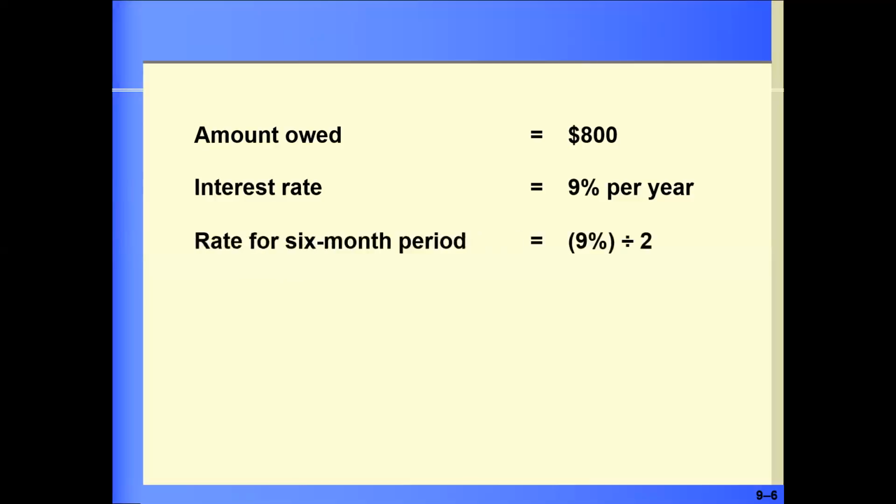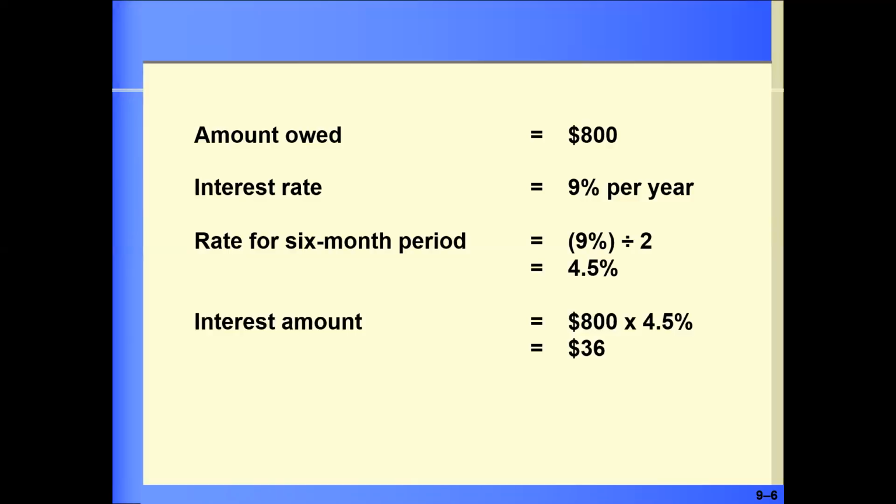So let's continue here. The rate for the 6-month period is 9% divided by 2, or 4.5%. So you just simply take $800 times 4.5% to get the interest. This is called simple interest. So the interest amount would be $36.